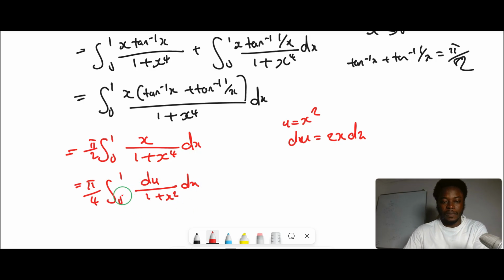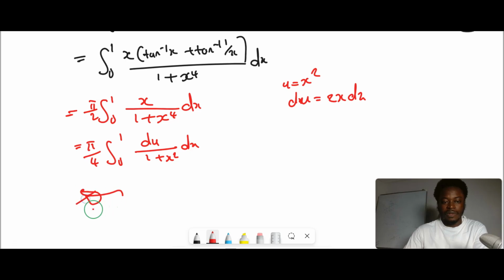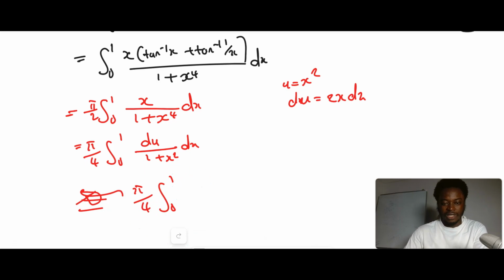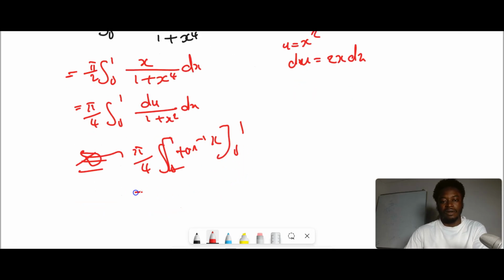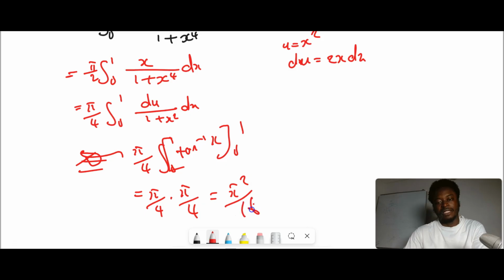And this way, it will be equal to pi over 4 times tan inverse of u from 0 to 1. So that would be pi over 4 multiplied by pi over 4, and that will be pi squared over 16.